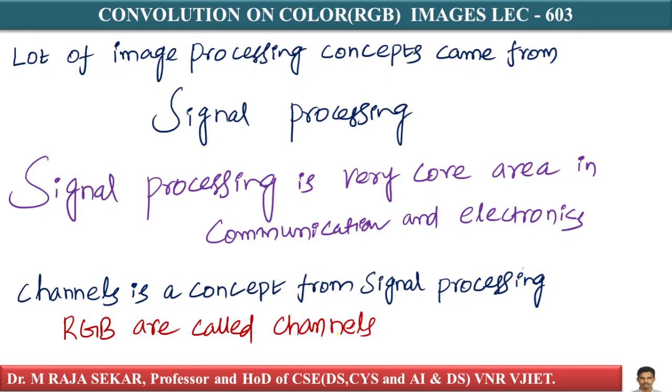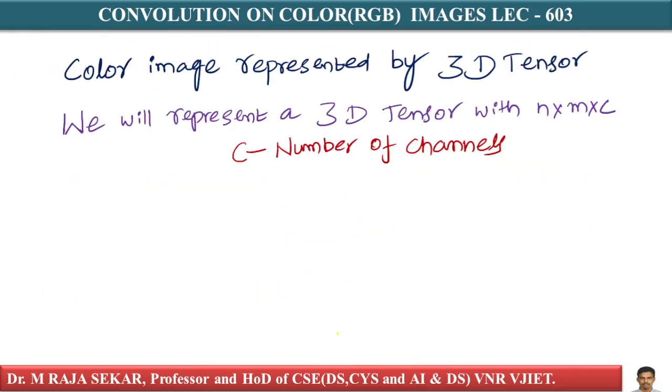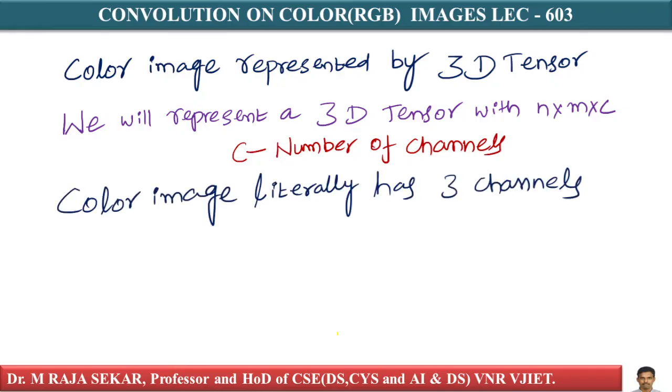How can I represent this 3D tensor? With n into m into c, where c means the number of channels. A color image has three channels: red, green, blue.